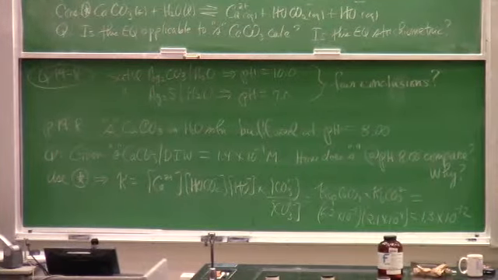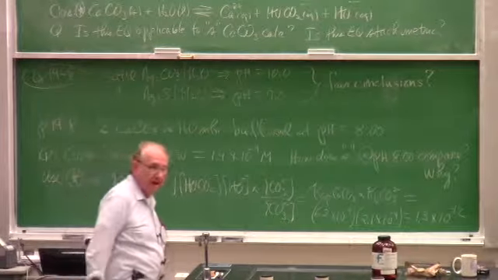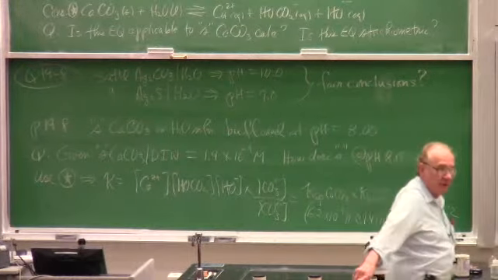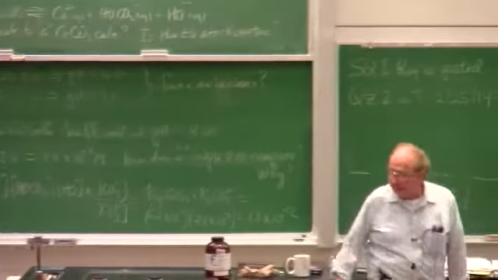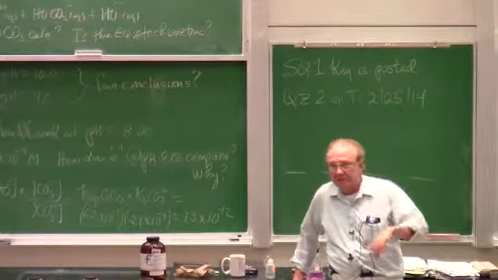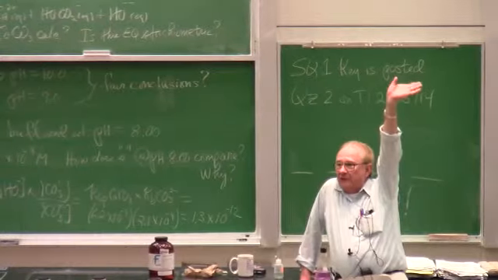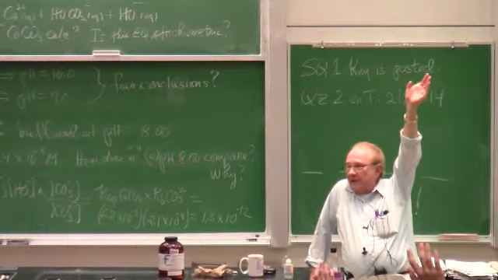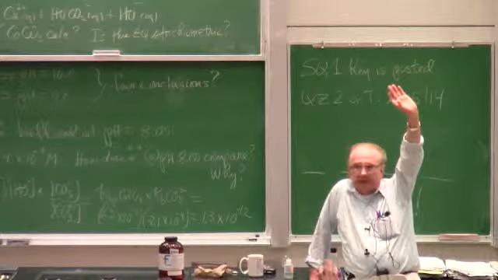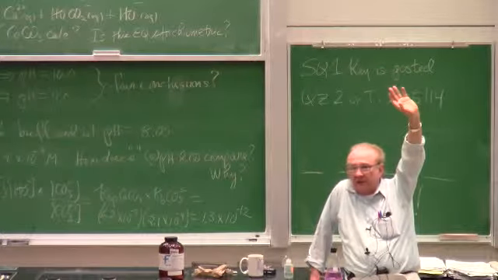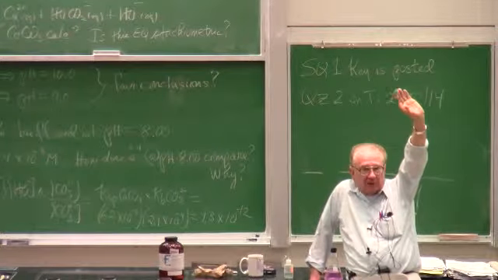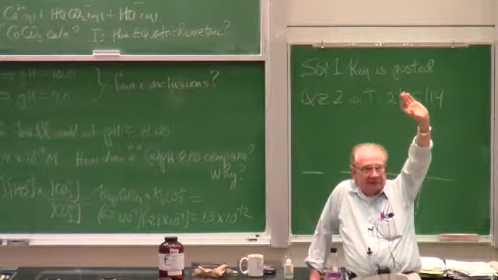Solubility in the buffer is less. I had a vote that the solubility of calcium carbonate in the buffer is lower than the solubility in straight water. That's one vote. How many supporters do I have for the statement that the solubility of calcium carbonate at pH 8 will be the same as its solubility at pH 10?